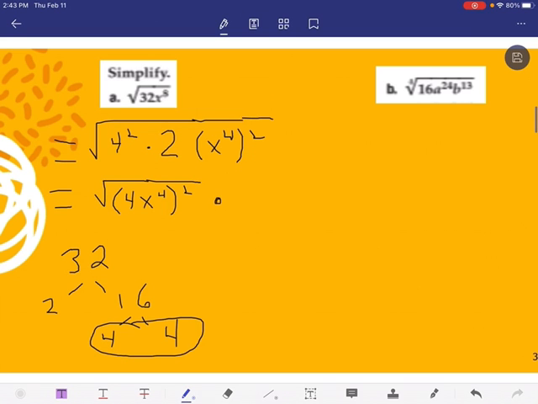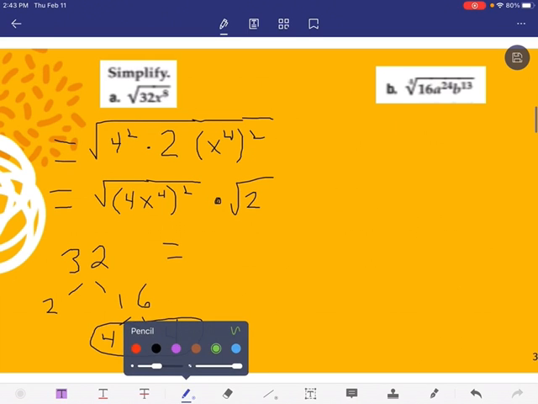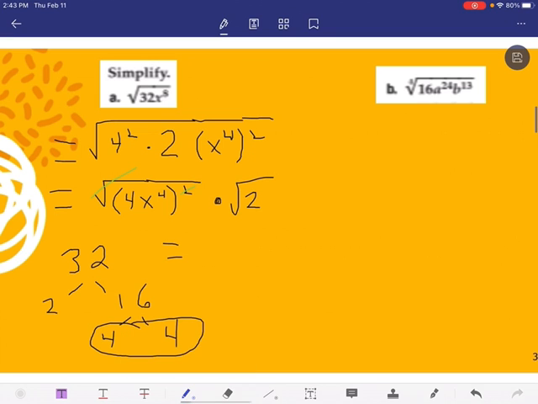And then we're going to go ahead and, like our property tells us, write out a separate radical and break them apart. And the reason we do this is because notice that my first radical, my radical and my exponent will reduce, so we're just left with 4x to the 4th. And since our square root of 2 can't reduce, it's just going to stay the same. So I end up with the square root of 2.